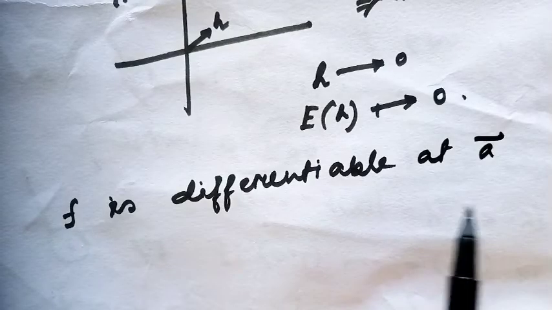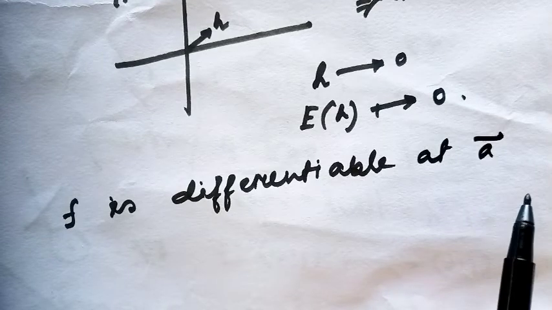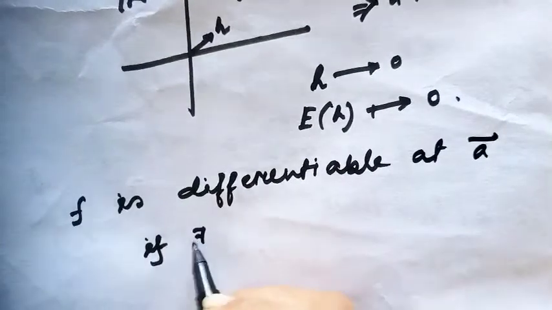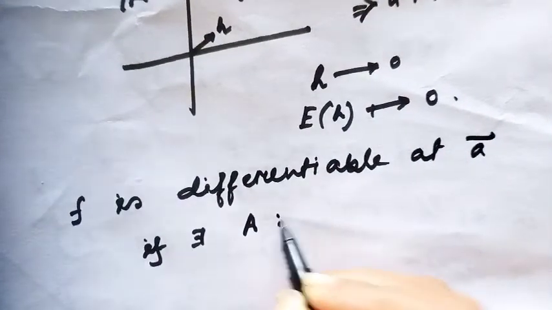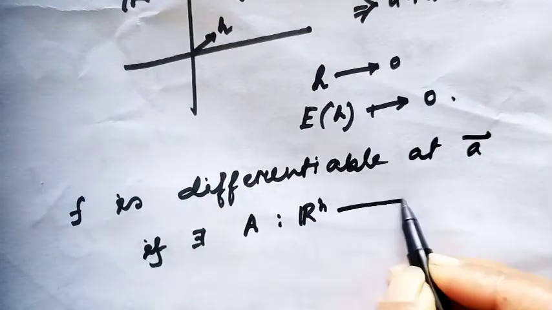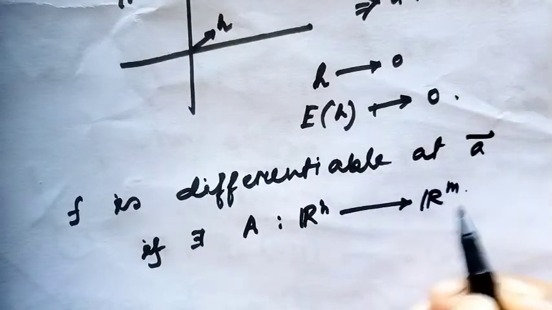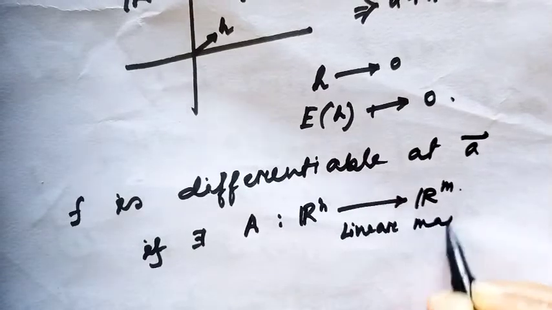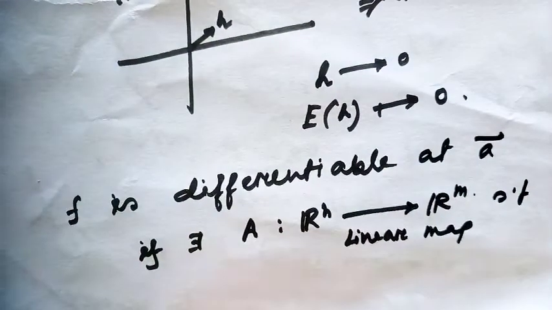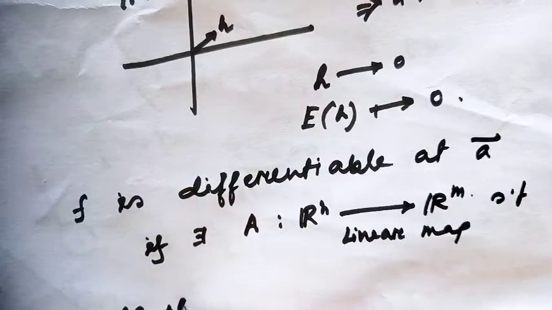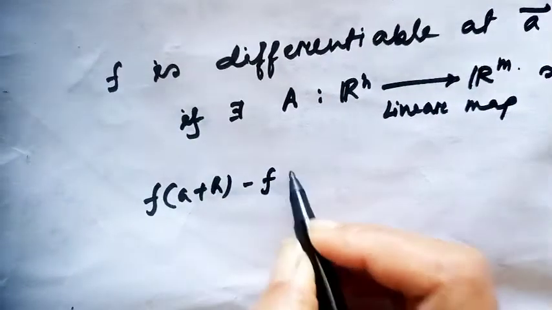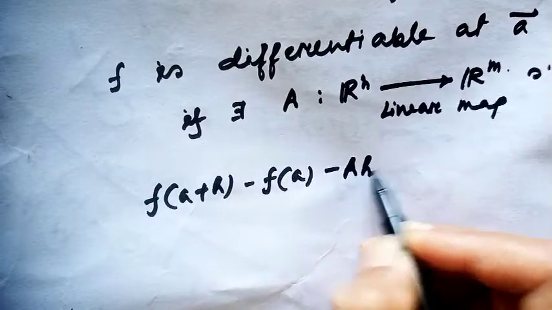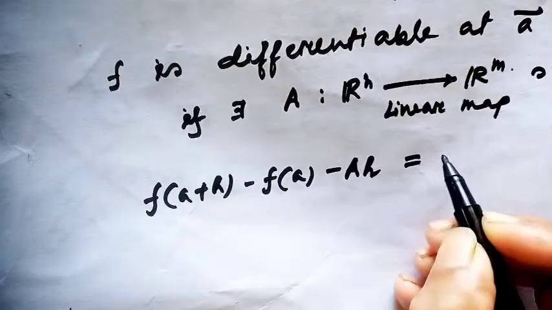Therefore, f is differentiable at the point a means there exists a matrix capital A from Rn to Rm, which is a linear map, such that f of a plus h minus f of a minus Ah is equal to e of h.